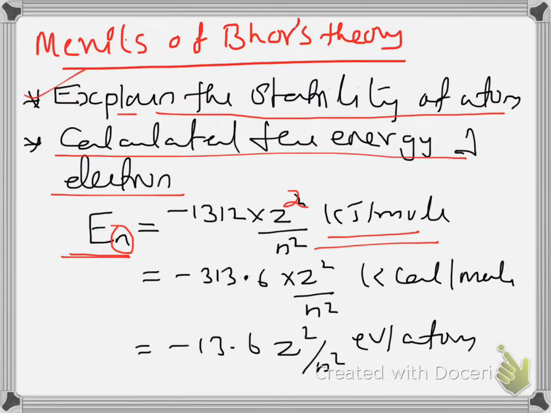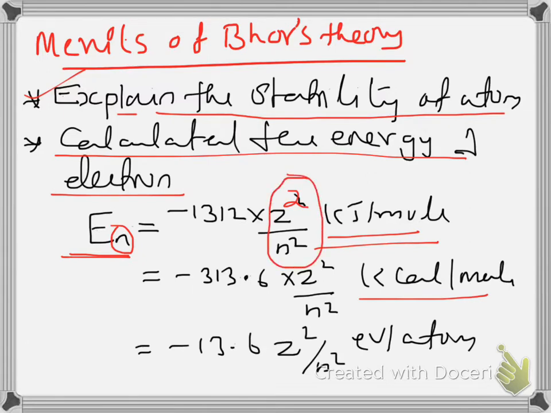In kilocalories per mole, we can write it as -313.6 Z square by n square. -13.6 is the constant in electron volt per atom. Whatever unit of energy is used, the variables are the same, Z and n.